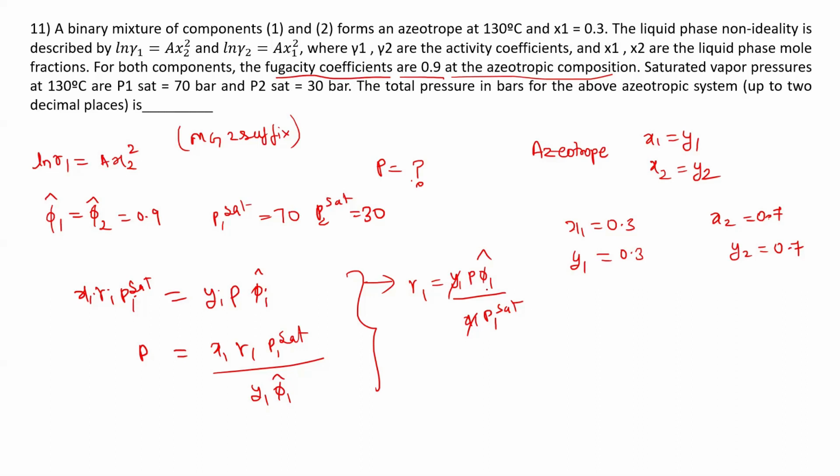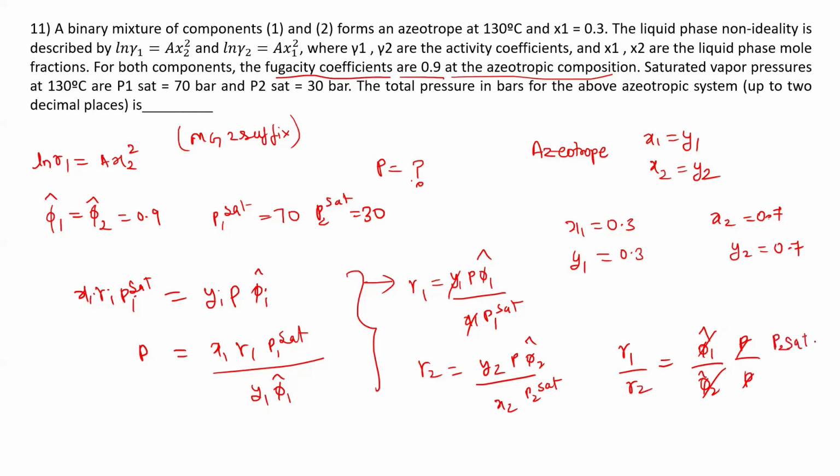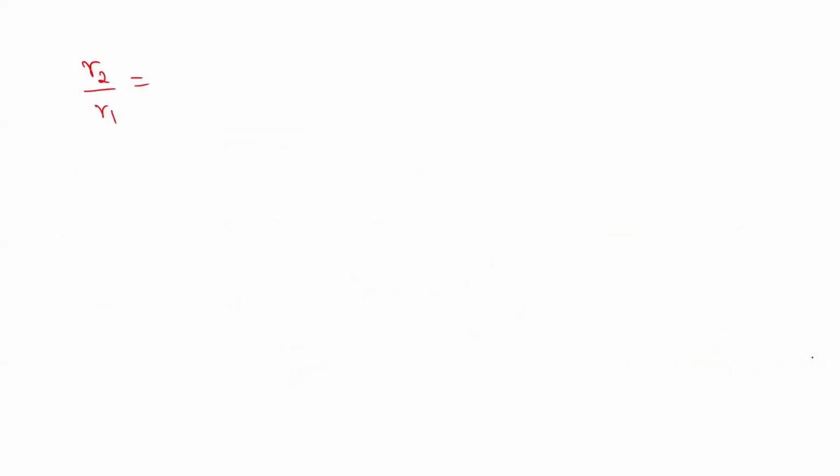Gamma 2 is similarly y2 P phi 2 cap by x2 P2 sat. So for gamma 1 by gamma 2, phi 1 cap by phi 2 cap are equal and P by P cancels, so I get P2 sat by P1 sat.